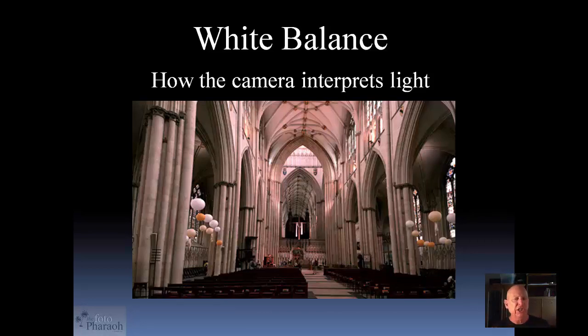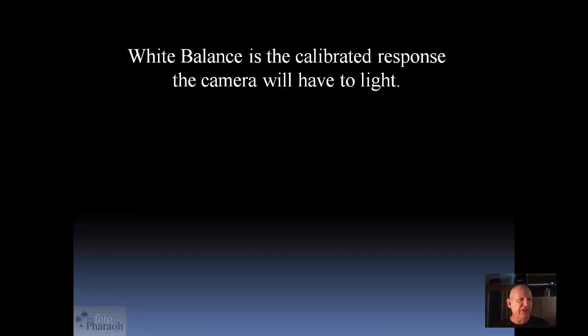ISO is a calibration that you set for the light level that you're going to capture in, giving you a better opportunity to capture something in a low light situation or improve quality in a bright situation. But white balance is something different. This sets your tonality of the light that you're in. White balance is a calibrated response by the camera to whatever light you are in.